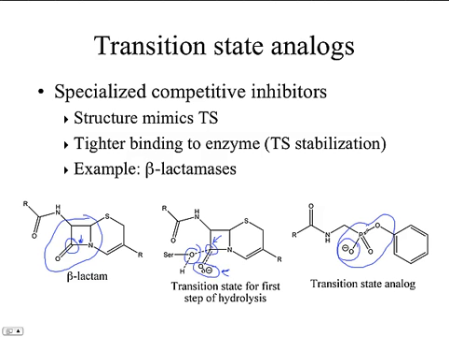We've got a structure similar to a tetrahedral one from having four things bonded to that phosphorus. And this molecule bears some resemblance to the beta-lactam, and as a result, if it binds to the beta-lactamase enzyme, it's going to bind relatively tightly.